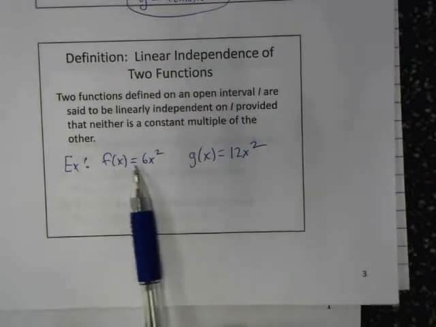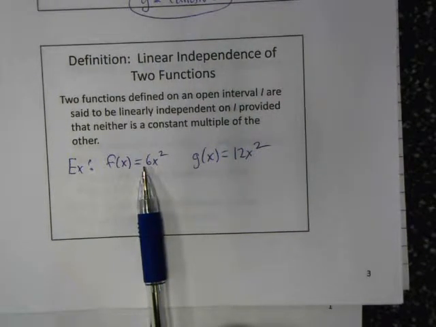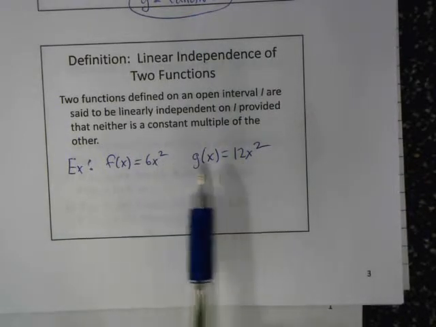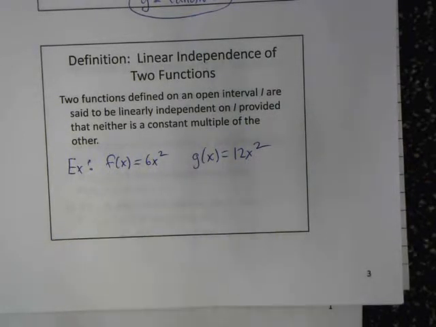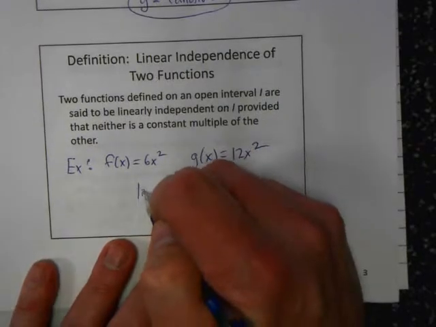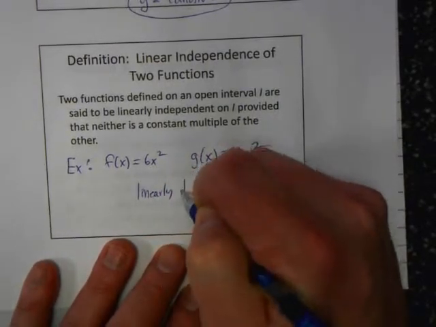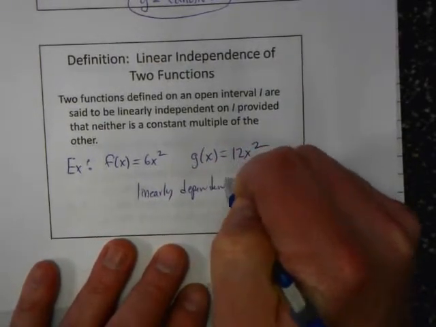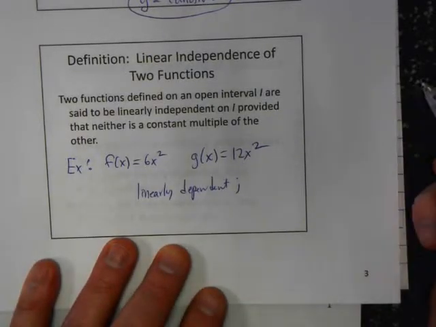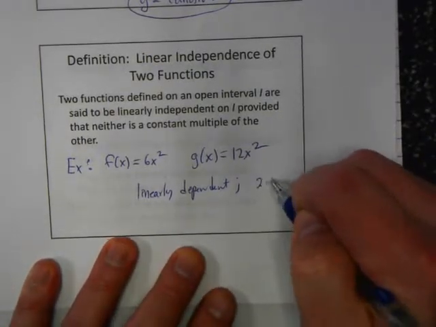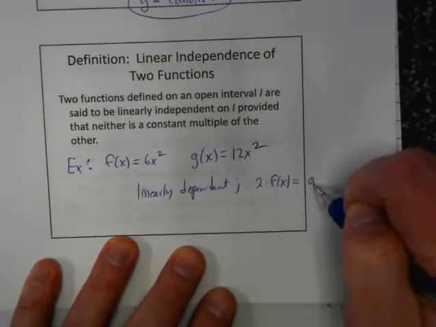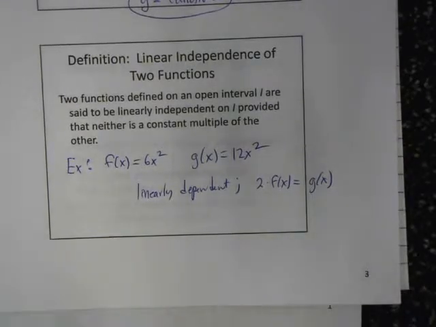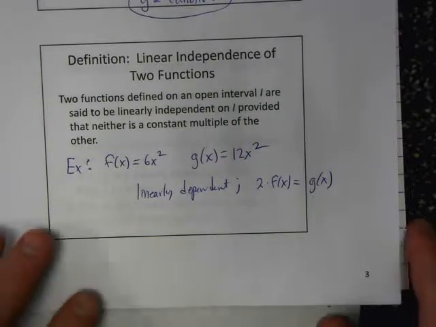In fact, what number do I multiply the first one by? 2. So these are linearly dependent. They are scalar multiples of each other. If I take 2 and multiply it by f of x, I get g of x. So those are linearly dependent.